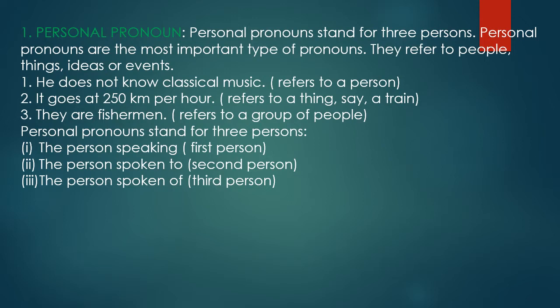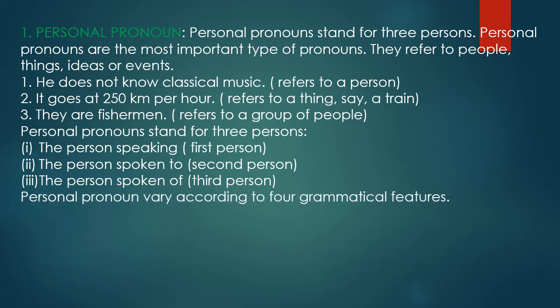Personal pronouns vary according to four grammatical features. Number one, number. Whether it is singular or plural, because they vary. So we have to find the grammatical features first, whether it is singular or plural.